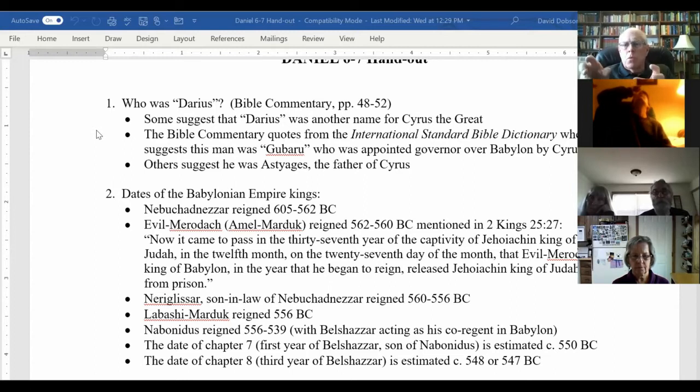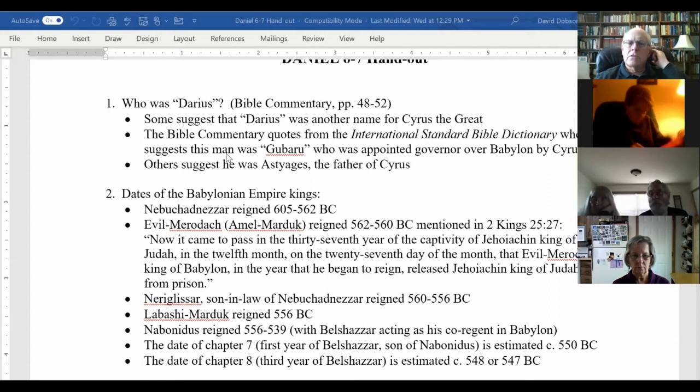So he was the one left in charge because Cyrus went on, he had other wars, other exploits, and this Gubaru was the one who was essentially there running the day-to-day operations in the absence of Cyrus. So I tend to lean to the second one, probably.